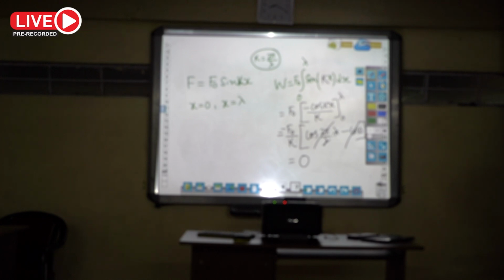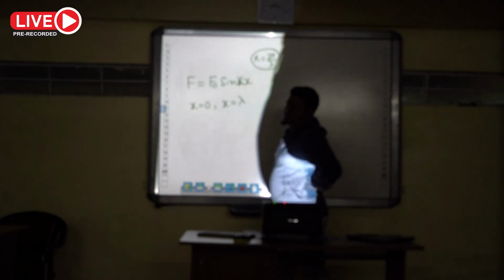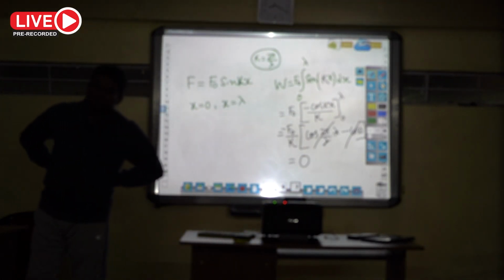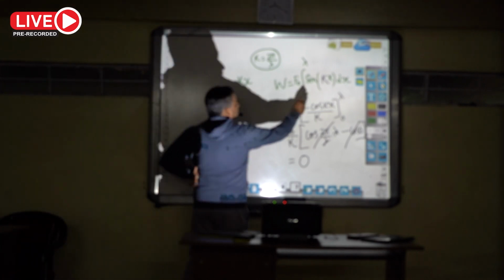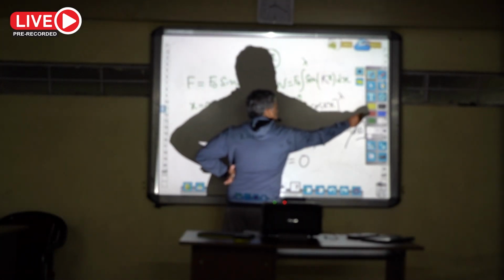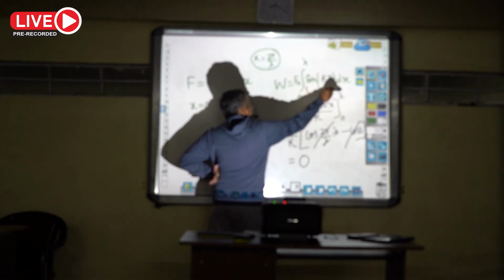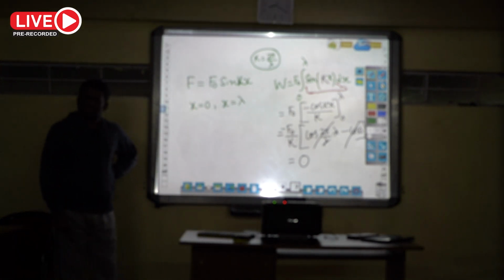How is it possible? Without doing the integration, how can we write that the answer will be 0? You have to check only one thing. What is the integrand? This one. Integrand is sin kx, right?